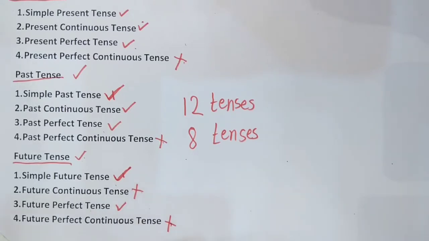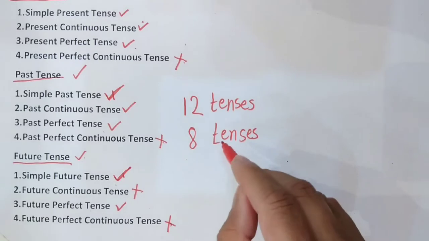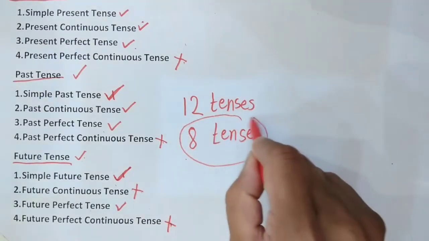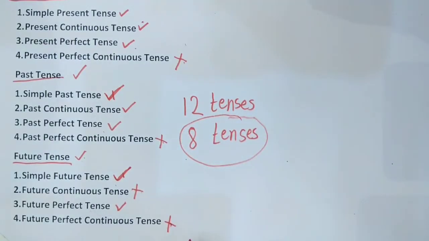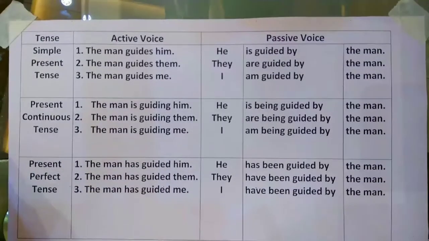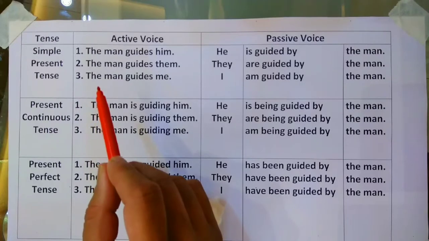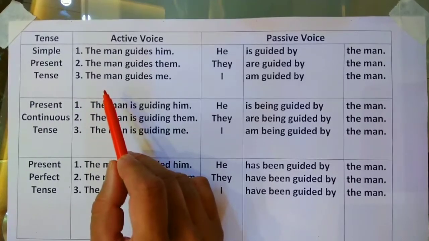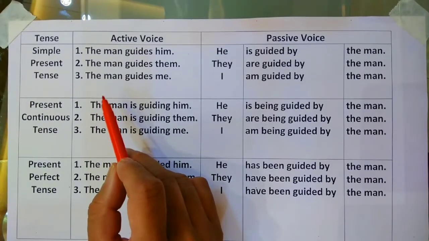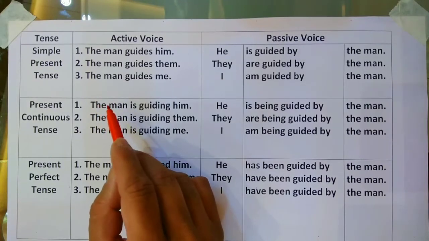So students, today we are going to study how the active sentences from these 8 tenses can be converted into passive sentences. Students, let us begin with the present tense. Today we are going to discuss only the 3 subtypes of the present tense.